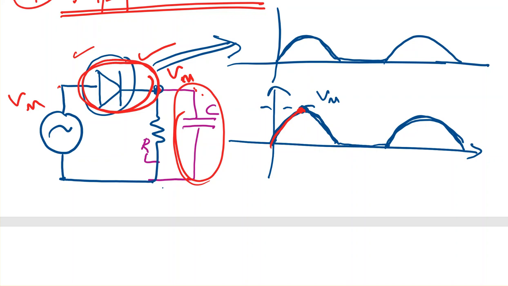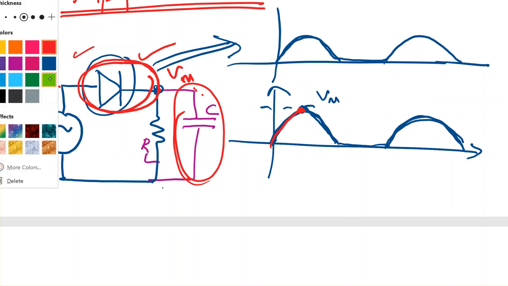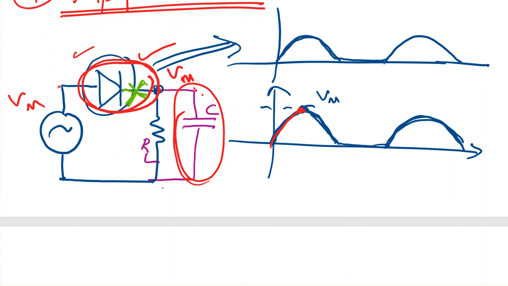In that case, this part of the circuit is now open, and the capacitor starts discharging through this resistance, and therefore here I will have some discharge of the capacitor.